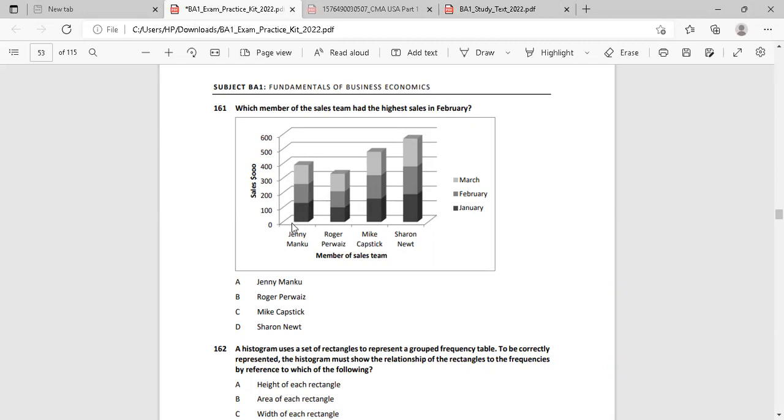So this black color indicates January. A little on the grayer side, gray shade is February, and then above that it is March. So now the question says, who had the highest sales in February?